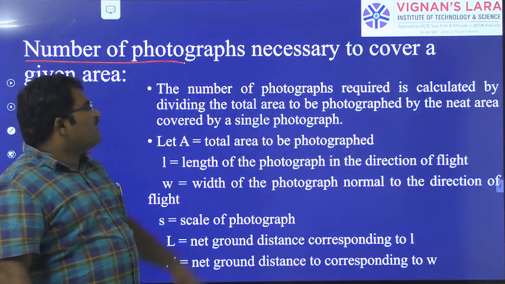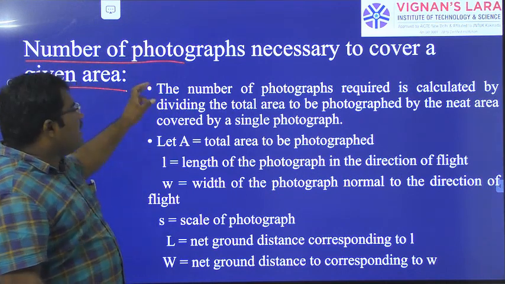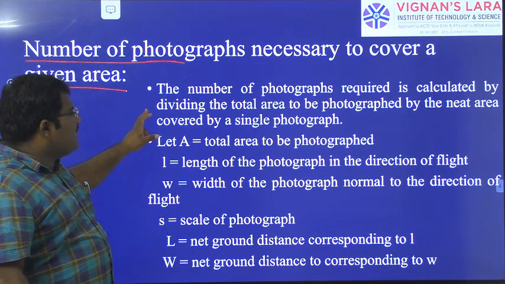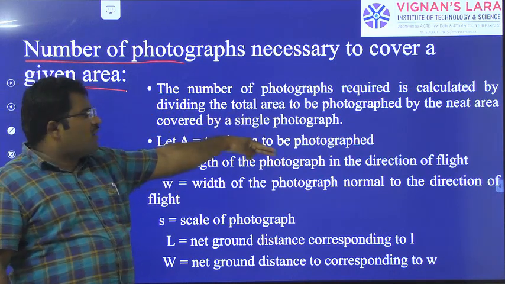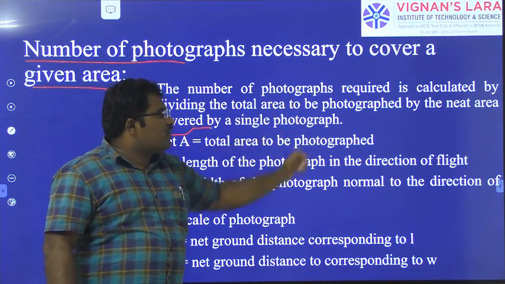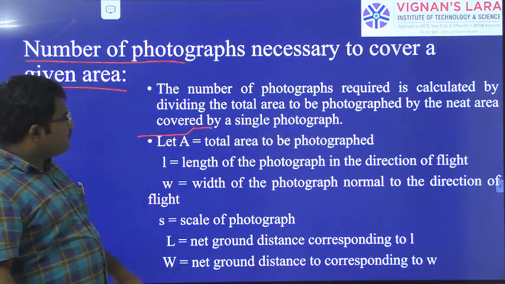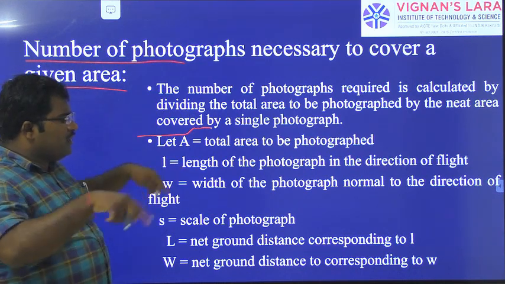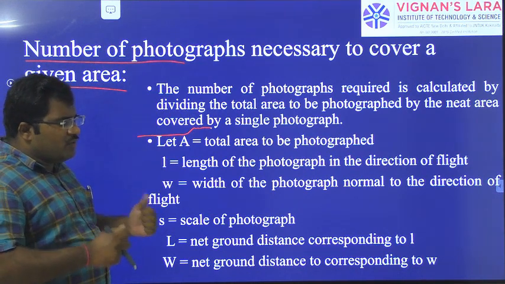Next, the number of photographs necessary to cover a given area. The number of photographs required is calculated by dividing the total area to be photographed by the net area covered by a single photograph. So for the total area to be photographed, how many do you want to know?